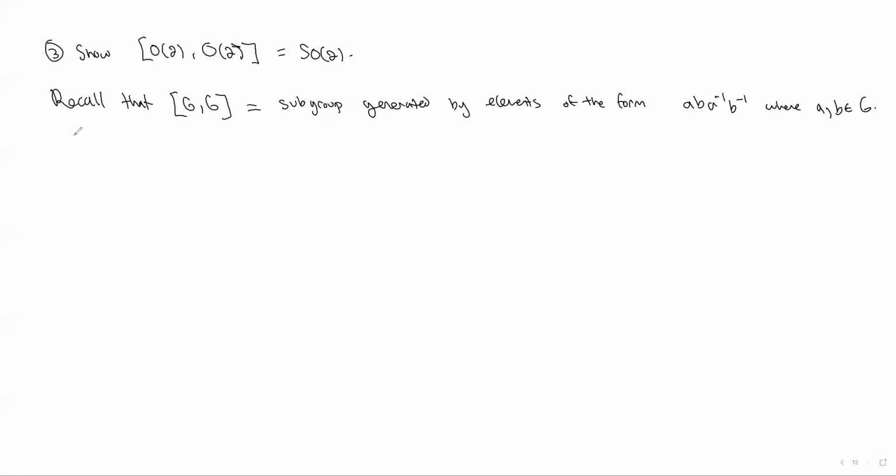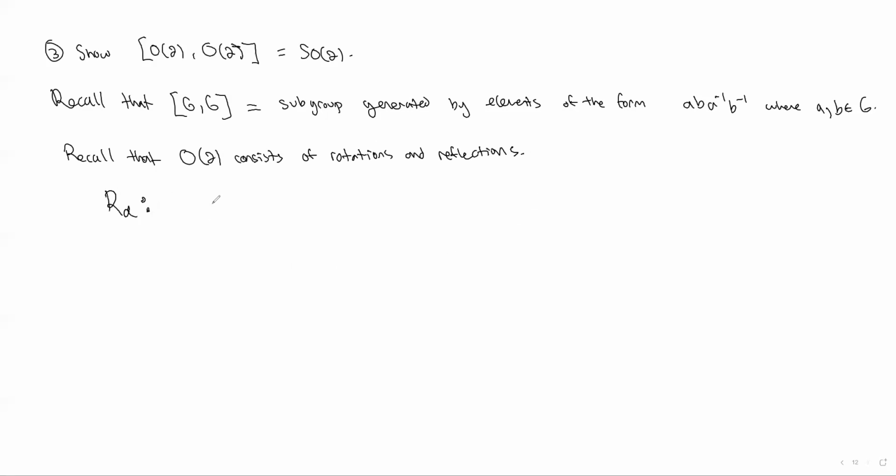So recall the elements of O2. O2 consists of rotations and reflections. Our notation will be as follows.